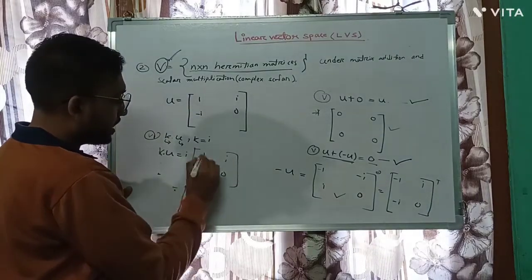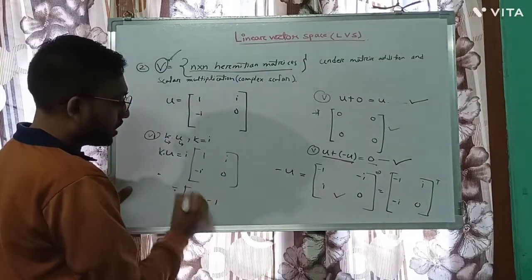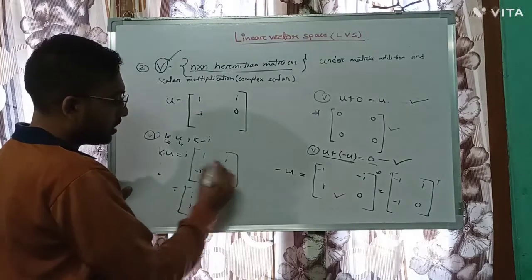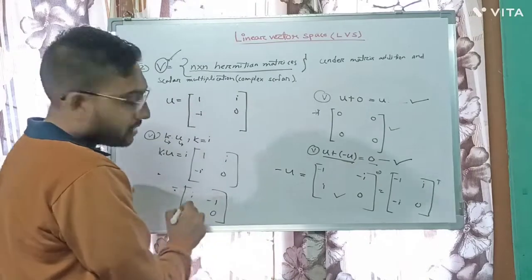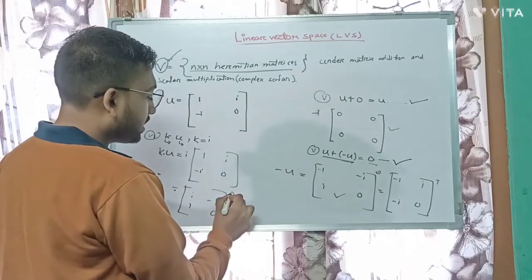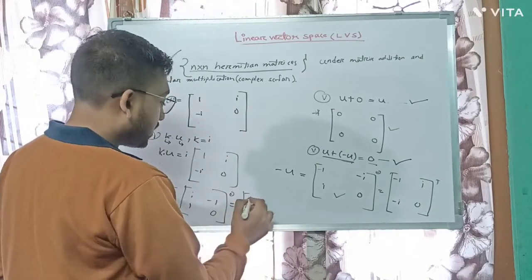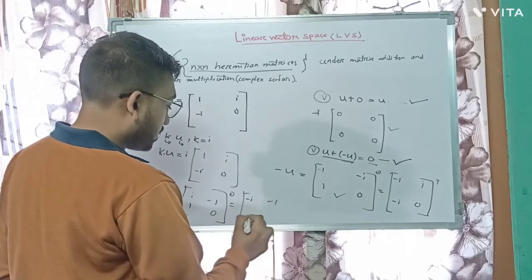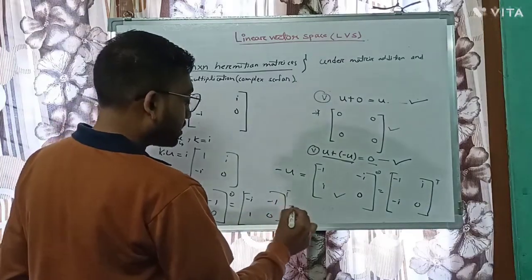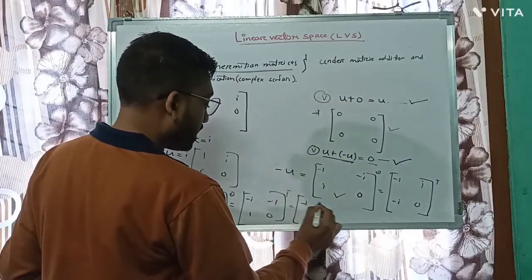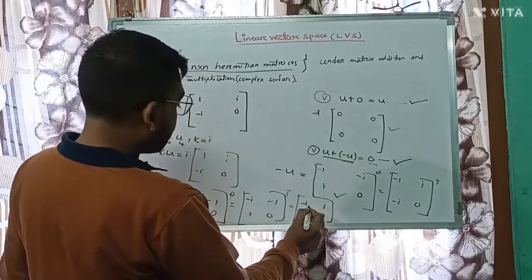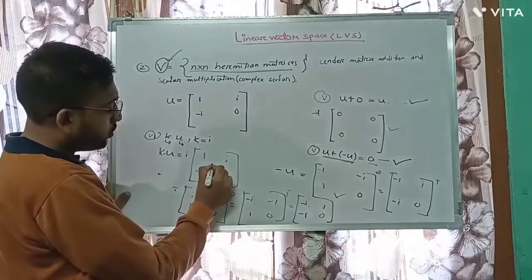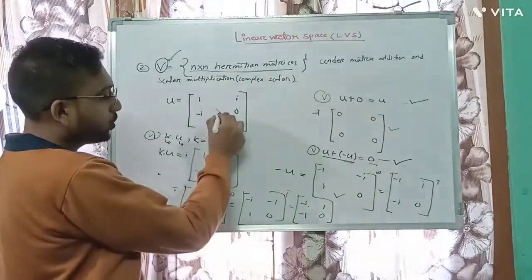So this will result in i, i squared, which is minus 1, minus i squared, which is 1, and 0. So I have to check whether this matrix is Hermitian or not. I have to take its conjugate. Its conjugate results in minus i, minus 1, 1, 0. After taking its transpose, minus i, 1, minus 1, 0.